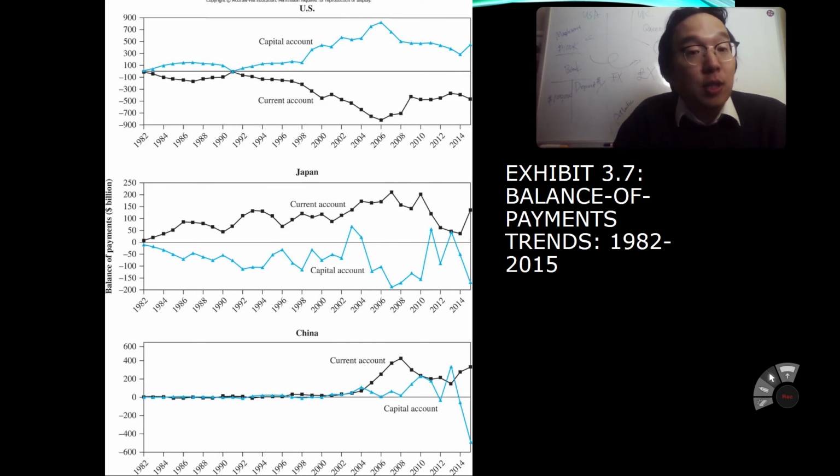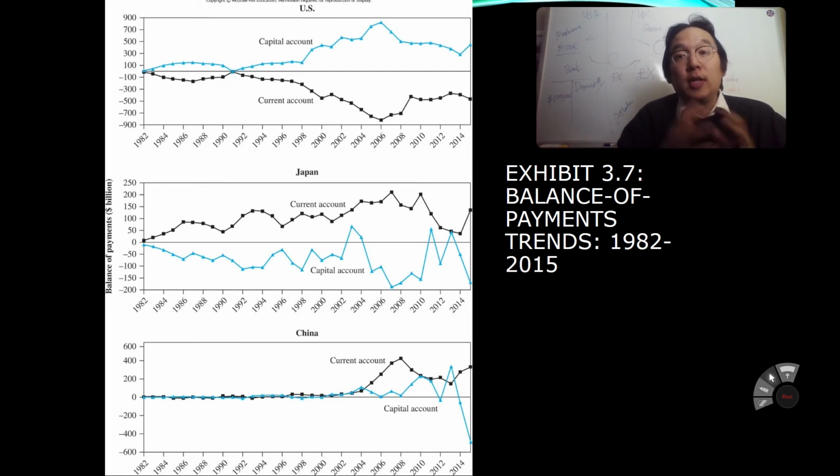So what Japan did and China is doing is that they want to keep their currencies at a competitive foreign exchange rate level. How to do it? Well, buy into US Treasury.